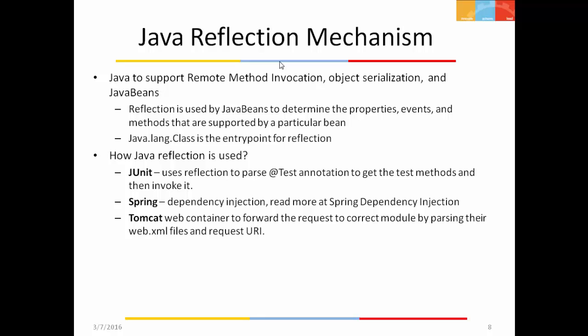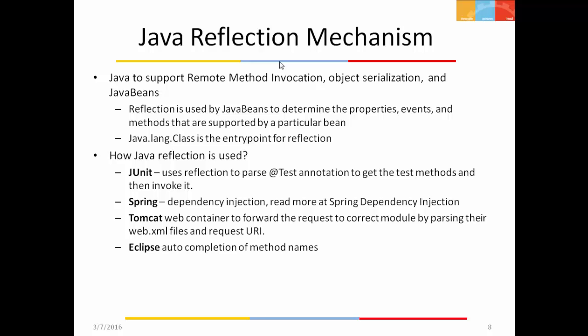Depending on the URI received by Tomcat, it analyzes the web.xml file and picks up the right class and right method, which is stored in the XML file as a string, and then by reading this using a reflection mechanism, it invokes the correct module.